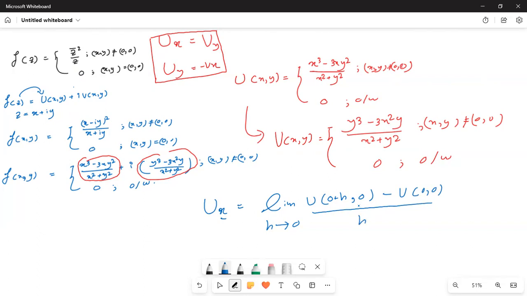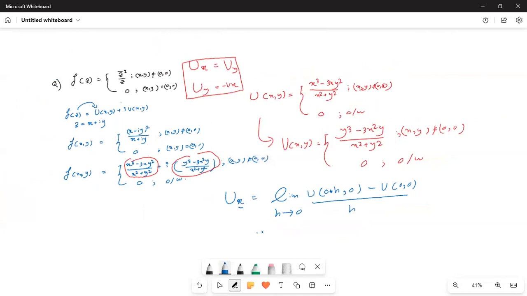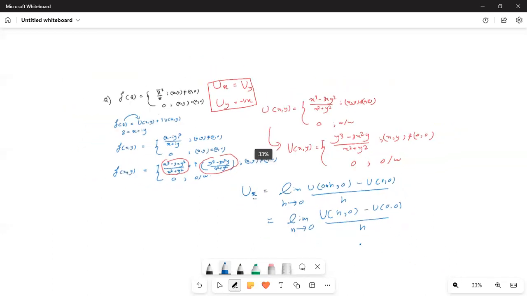This is the definition of the partial derivative. Okay, so now you just plug in the values. Limit as h goes to 0 of u(h, 0) minus u(0, 0), over h.